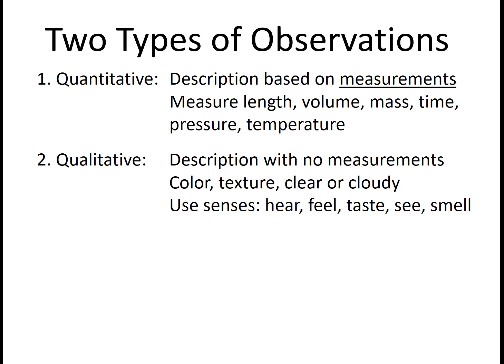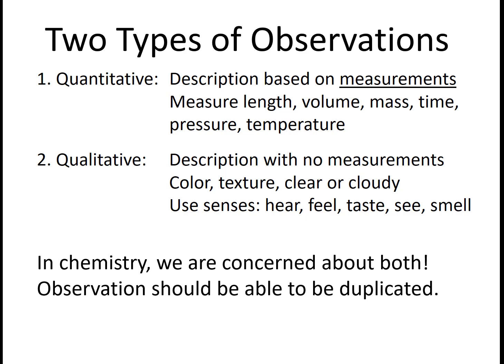So we are going to rely on seeing. We can smell it by wafting the fumes towards our nose, and sometimes we might use hearing. So in chemistry, we are concerned about observations and interpretations, and we're also concerned about quantitative and qualitative observations. Remember, though, that interpretation should always come last.